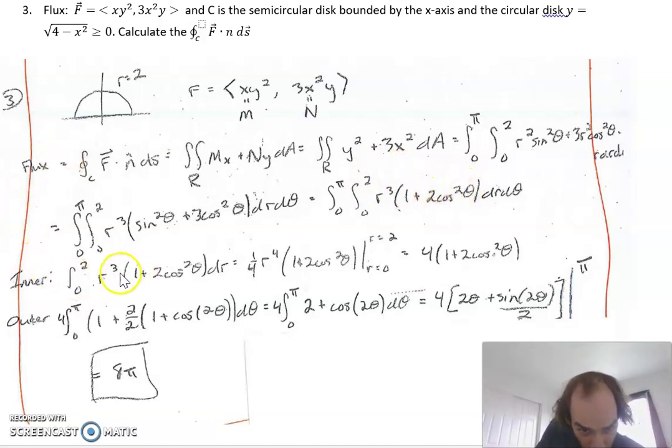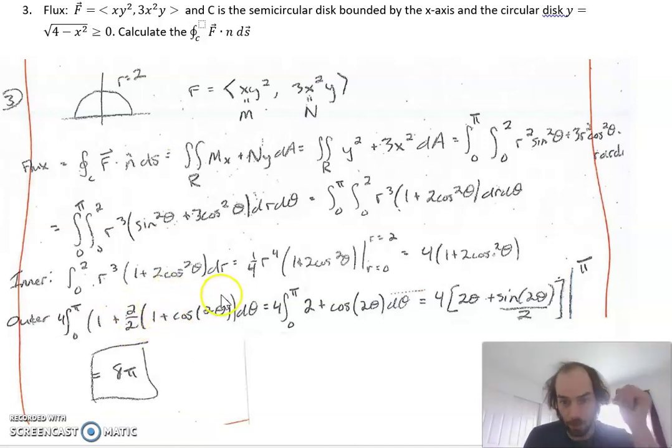So my inner integral is the integral from 0 to 2 of r cubed, which gives 1/4 r to the 4th. This does not change. When I evaluate it at 2, I get 4 times this thing. Then I do my outer integral. I move the 4 out front. I've got a 1 plus 2 cosine squared.